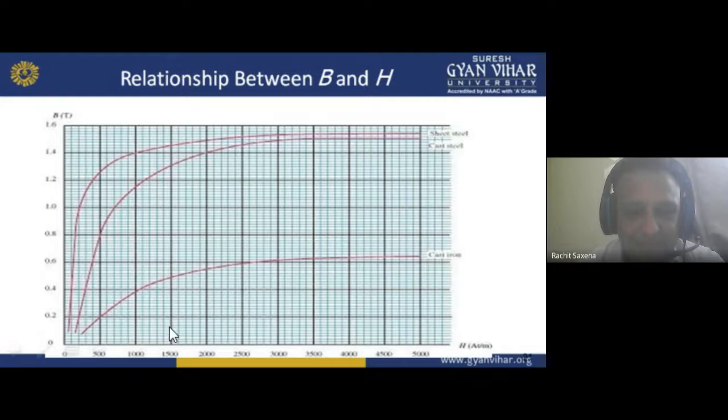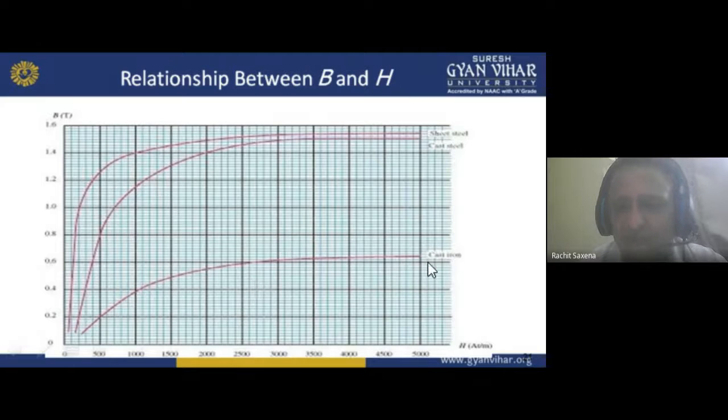So see here, the first curve is showing you the cast iron. Cast iron starts from here, 0.2, 0.4, then 0.6, up to this intensity.